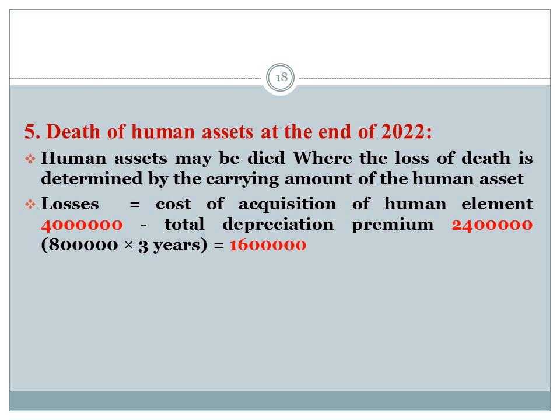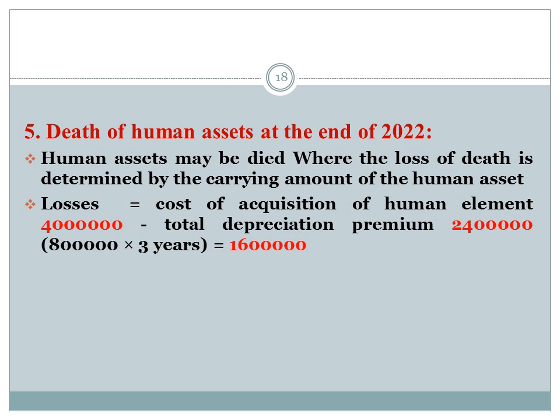Losses equal cost of acquisition of human asset minus total depreciation premium. Firstly, the amount of human asset equals 4 million. He stayed in our company for 3 years. Depreciation premium for the year 800,000.